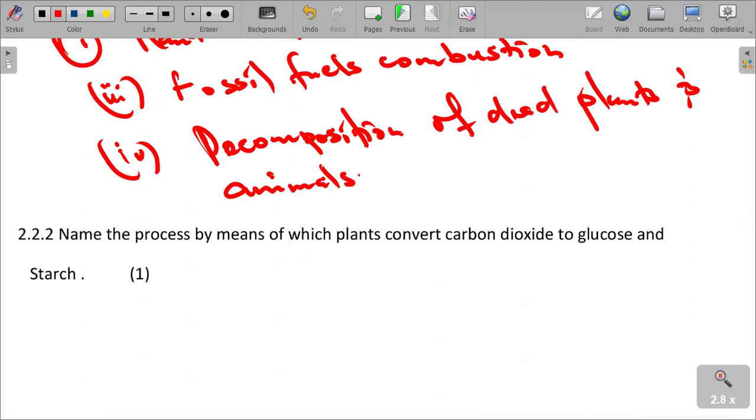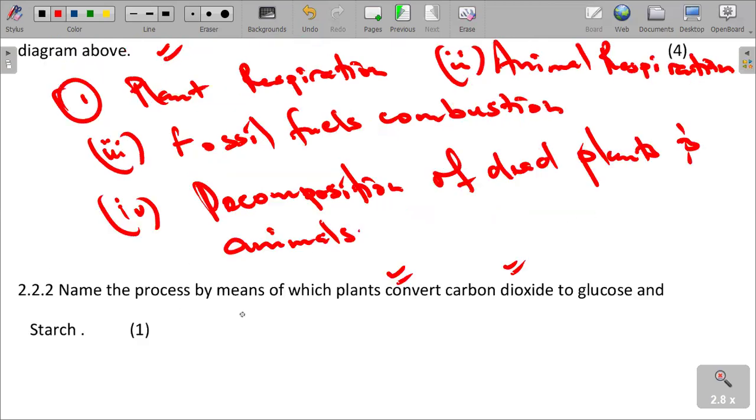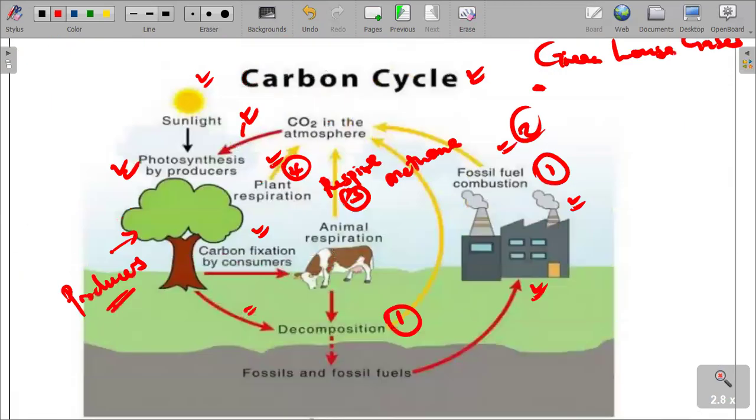And then, name the process by means of which plants convert carbon dioxide to glucose and starch. What is that process by which plants convert carbon dioxide to glucose and starch?